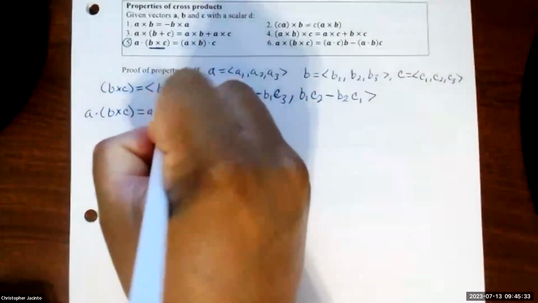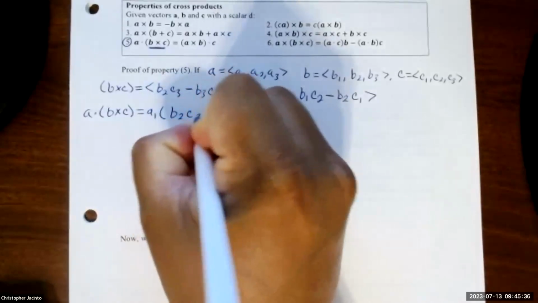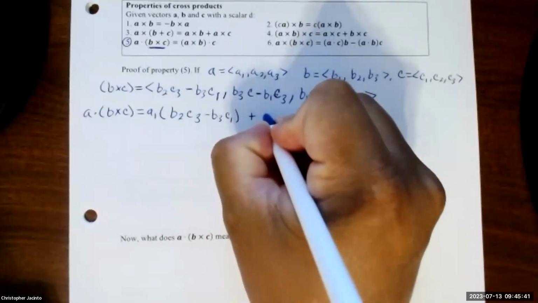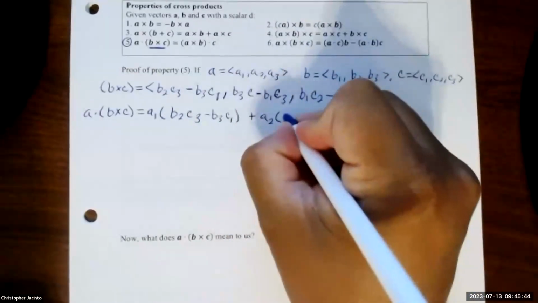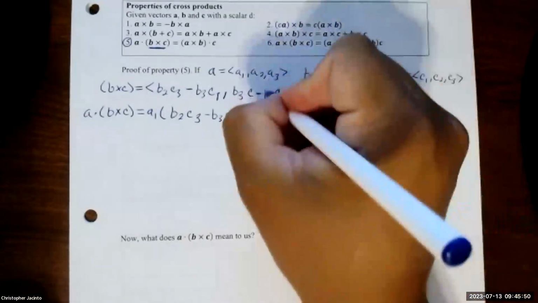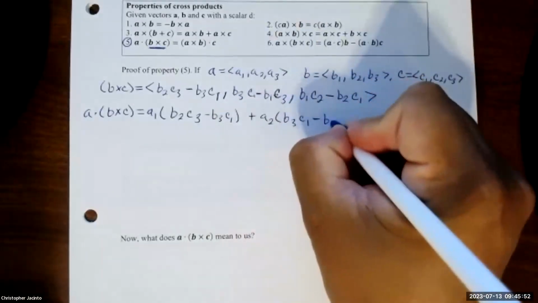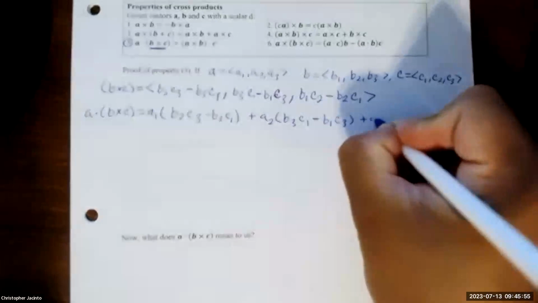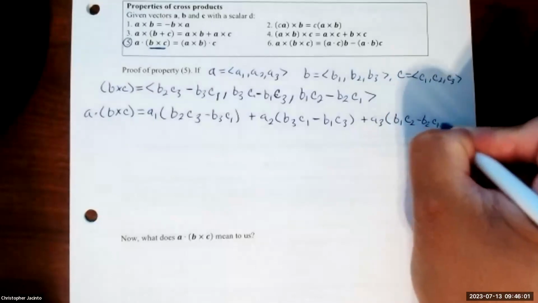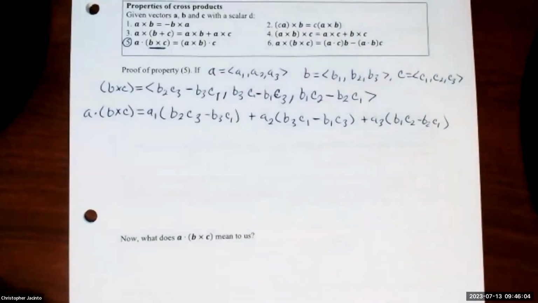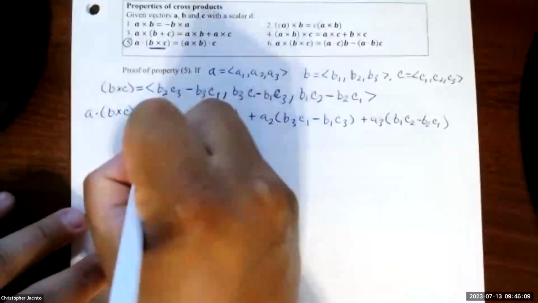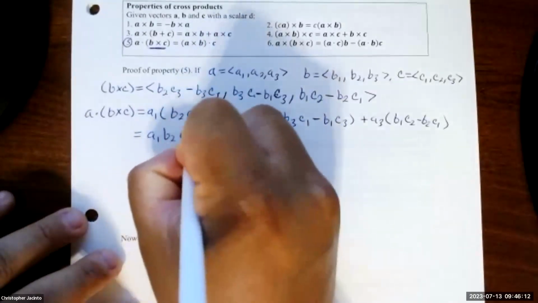So it gives us A1 times this plus A2 times the second component and then the third one. So therefore, multiplying all this out, or distributing if you want.